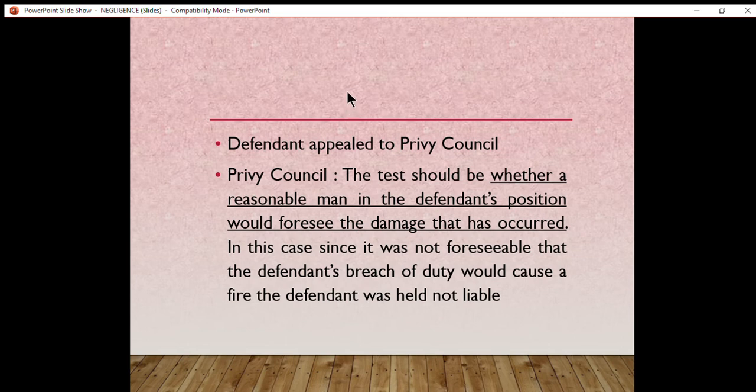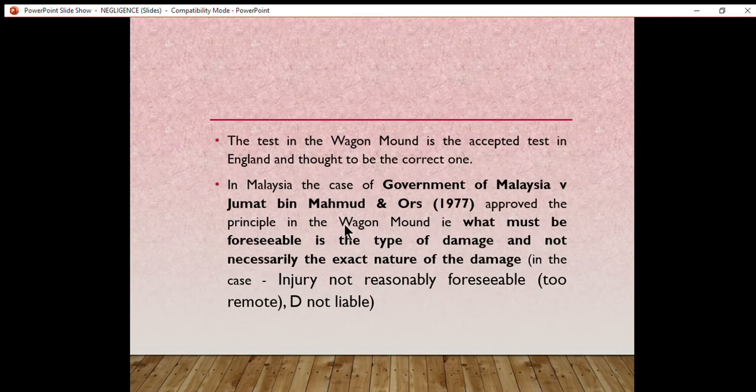Okay, so in this case, basically, a party can be held liable only for loss that was reasonably foreseeable. So kalau dia tak foreseeable yang akan ada damage, then the third element is not going to be fulfilled. So the test in this case is accepted in England and thought to be the correct one.